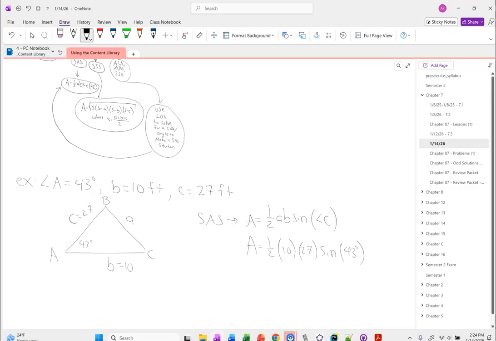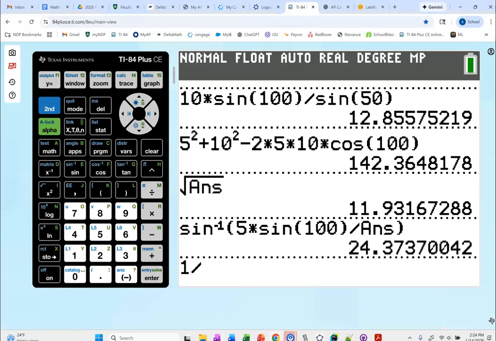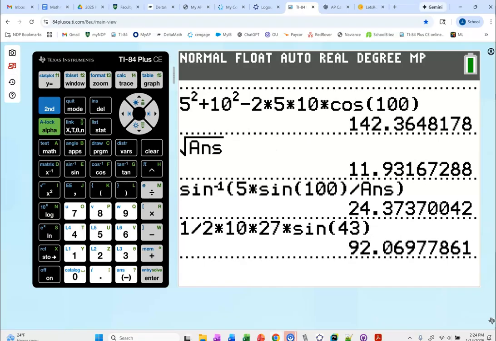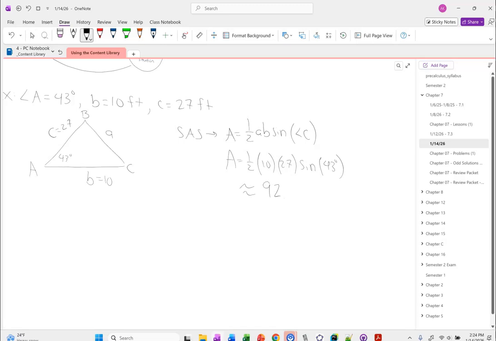Done. So 9207. And the unit of length was feet, but since this is an area, it'd be feet squared. That's all there is to it.